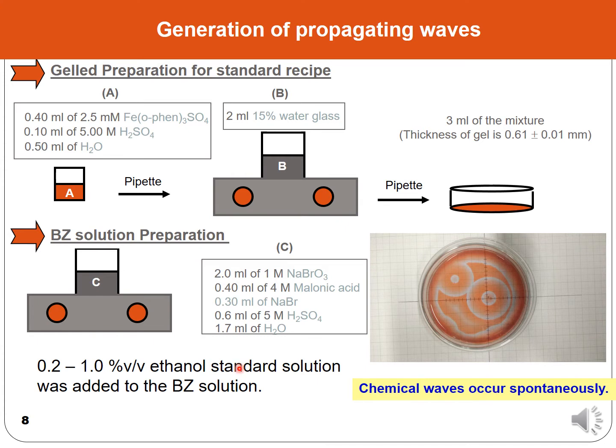To study the effect of ethanol, we use ethanol standard solution in the range 0.2 to 1% by volume added in the BZ solution. The key parameter to assess the ethanol concentration is wave velocity.